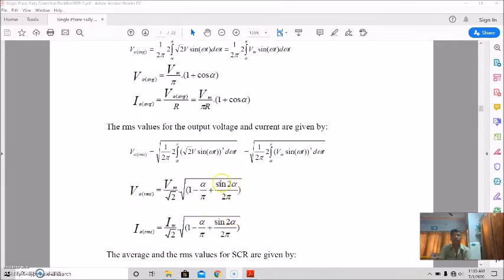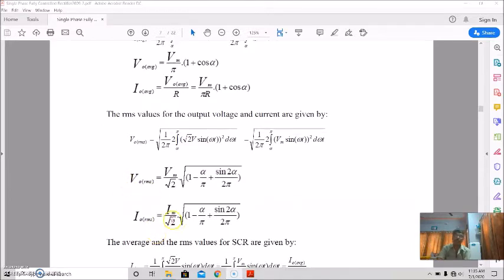So this is the RMS value of the output voltage, and this will be the RMS value of the output current: Im by root 2 times the square root of 1 minus alpha by pi plus sin 2 alpha by 2 pi. That can be obtained similarly. Basically, if we divide by R, Vm by R will be equal to Im.